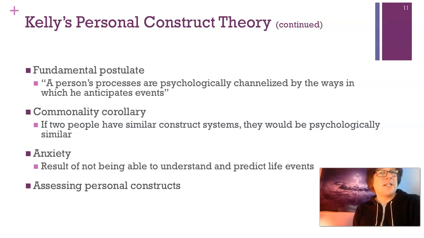According to Kelly, if they both are similar in regard to their idea of what is happiness, what is love, what is morality, what is truth, what is honor, whatever these constructs are, if they tend to be pretty similar in that regard, if their construct systems tend to be fairly similar, they're likely to get along.